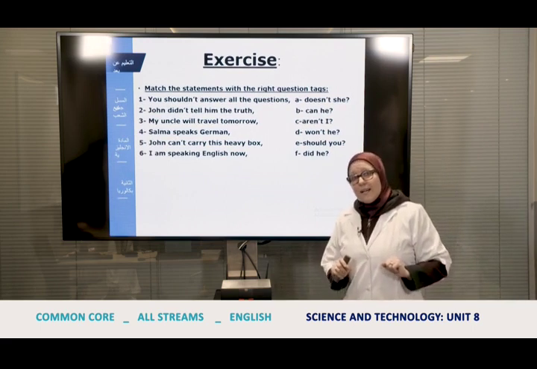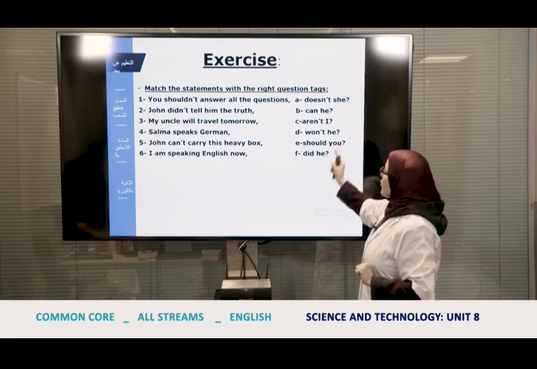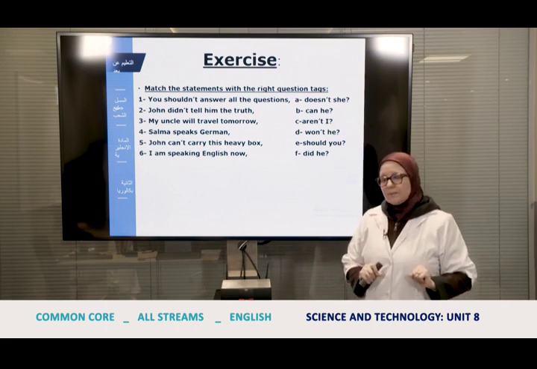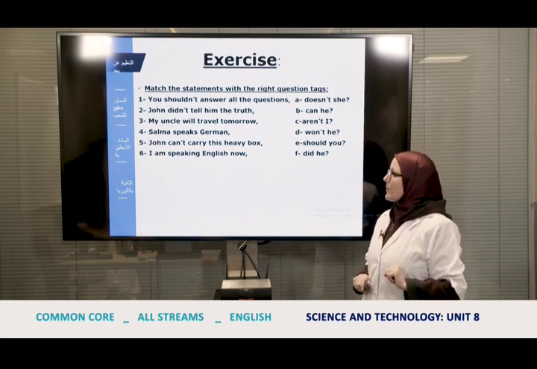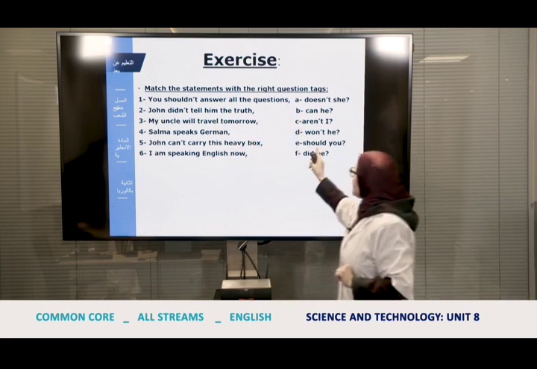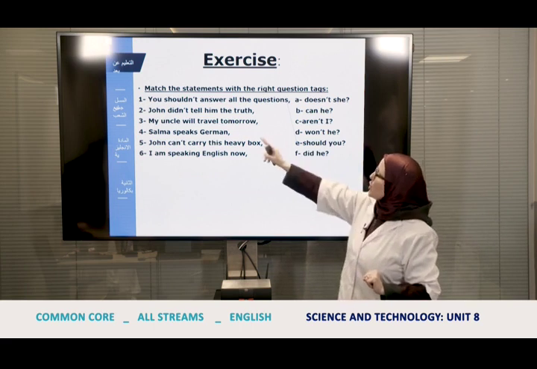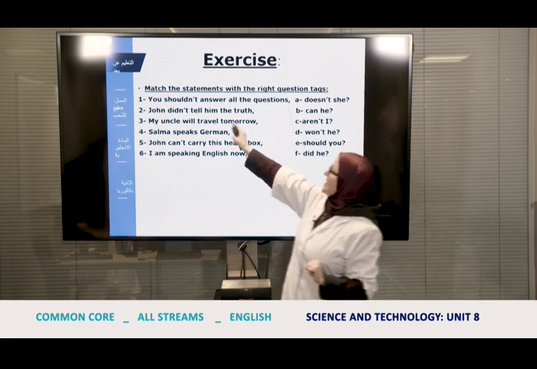For the first exercise, I'd like you to match each sentence with the right question tag. Correction. For the first one, we have the word shouldn't, it becomes should, and we have you. So you shouldn't answer all the questions, should you? The second one, you didn't tell him the truth.